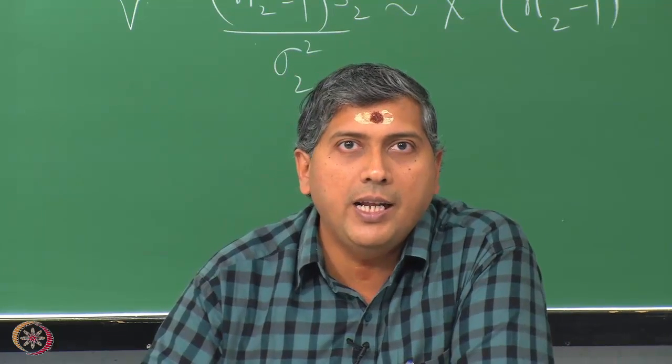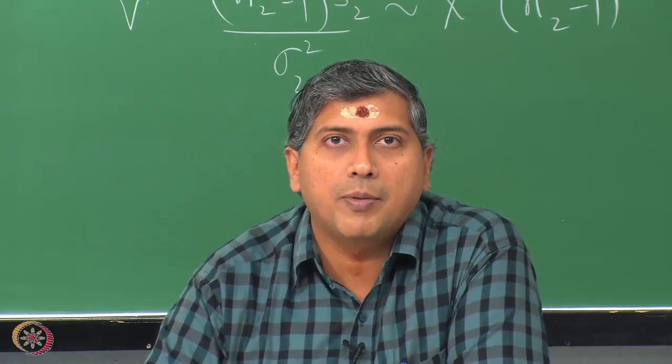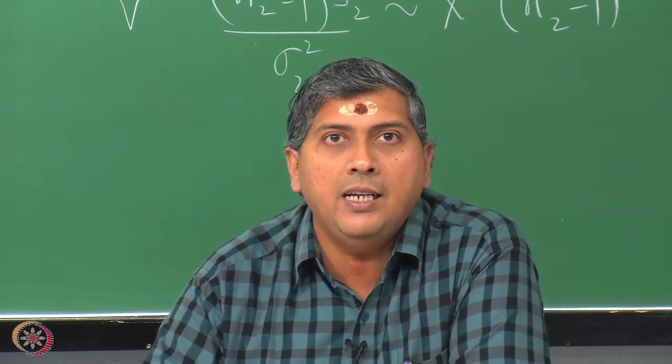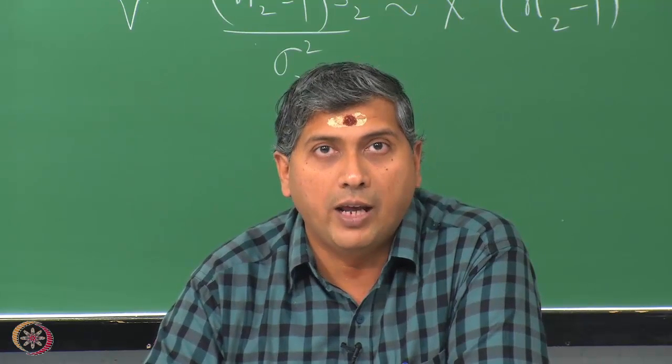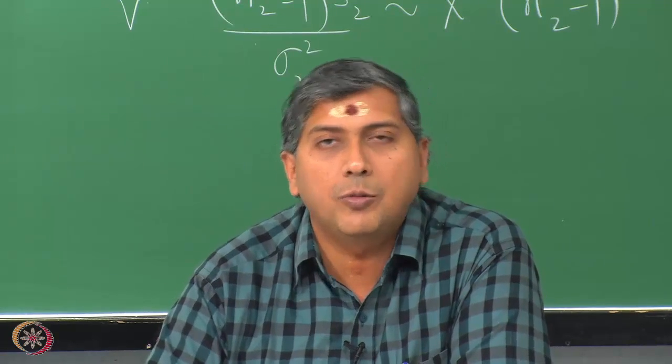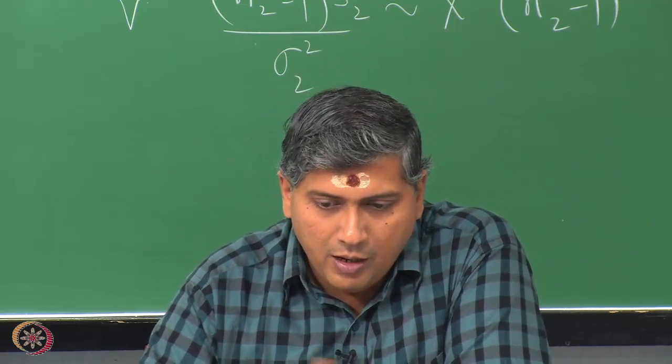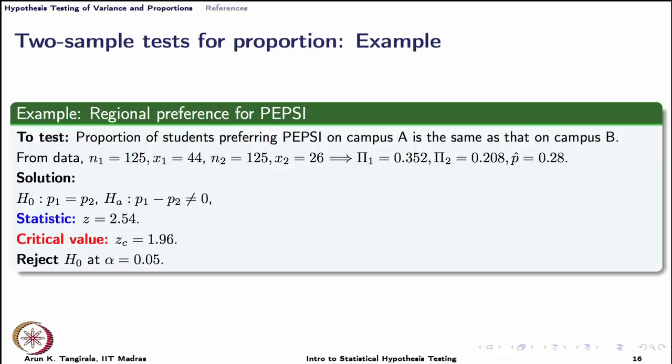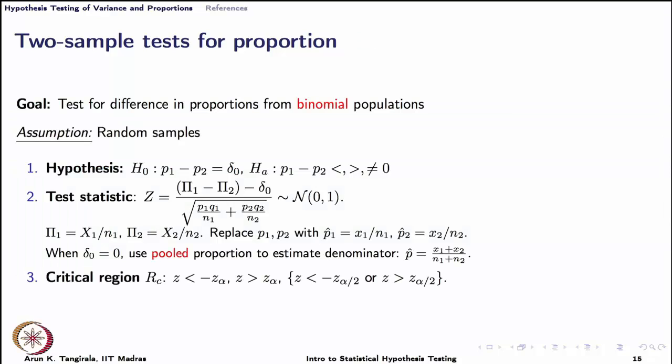So, on the scale of variability that exists among these two campuses, we want to ask if this difference of 18 individuals out of 125 preferring this soft drink is to be considered significant or not. So, we compute our pi 1 and pi 2 and p hat works out to be 0.28. Because we are testing that there is no difference between the proportions, we can use the pooled estimator and compute the p, and that is how we have computed p, using x 1 plus x 2 by n 1 plus n 2. x 1 is 44, x 2 is 26.